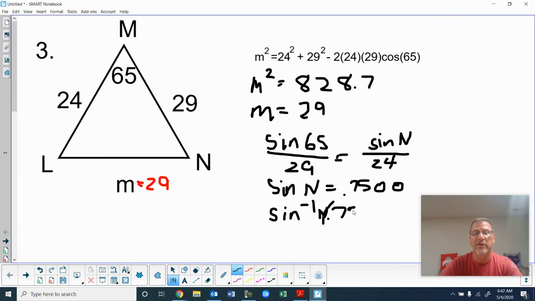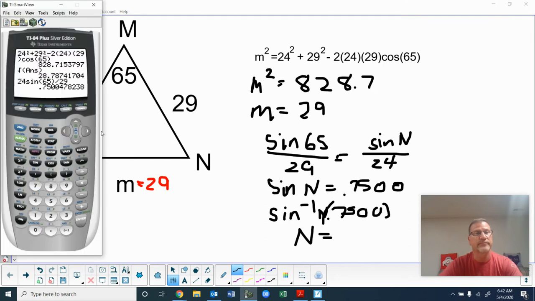But I'll do that on the calculator, and that'll give me angle N. Remember inverse sine means the angle whose sine is 0.7500, and that would be angle N then. So second sine, just hit second answer again. It'll put that in for us so we don't have to type it all in. And that gives us 48.59.